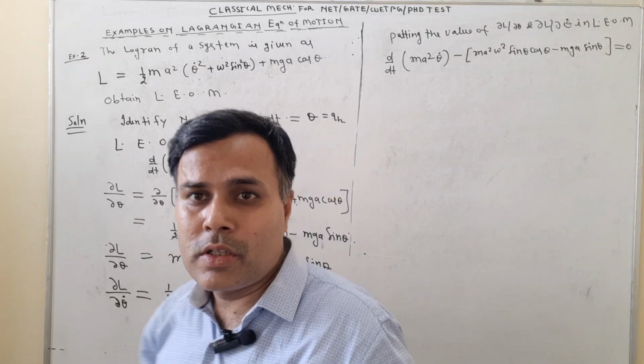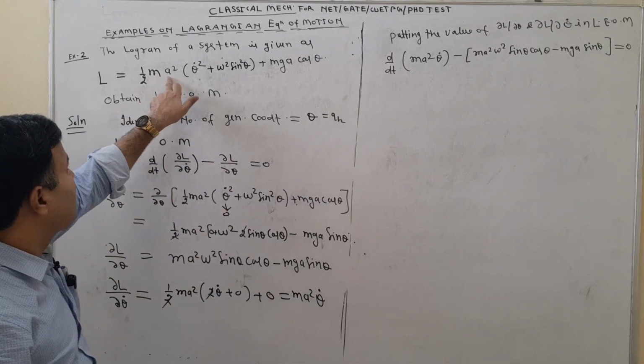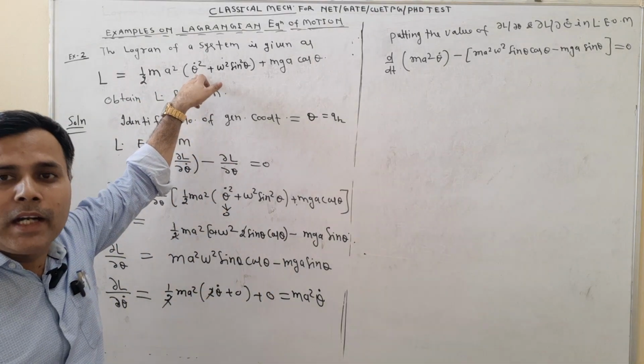Here m is a constant, a is constant, g is also constant. The only variables in this Lagrangian are theta and theta dot.